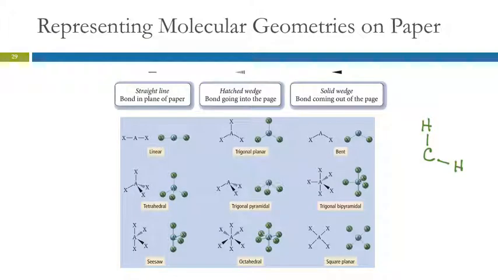And then one of those is going to stick out at us, and the other's going to be behind. And so the one that sticks out is a solid wedge. It's coming out at you. And then the one that's behind is a hatched wedge or a dotted line, because it's behind the screen. So this hydrogen is sticking out, and that one is actually behind the screen. So it's three-dimensional.